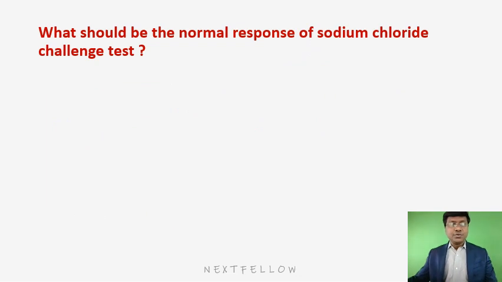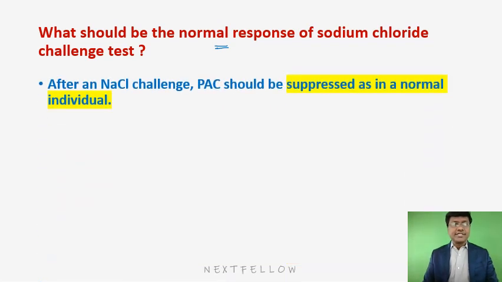And you need to know the normal response to the sodium chloride challenge test. When you do a sodium chloride challenge test, the plasma aldosterone concentration should be suppressed in a normal individual because you are increasing the fluid. That increases renal perfusion, thereby the plasma renin levels will be reduced, and subsequently there will be a decrease in the aldosterone levels.